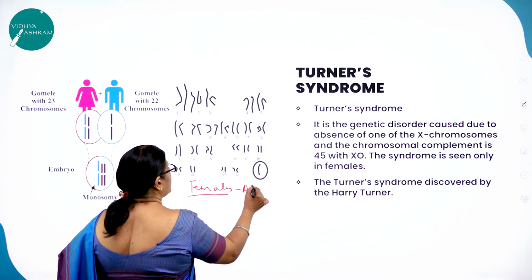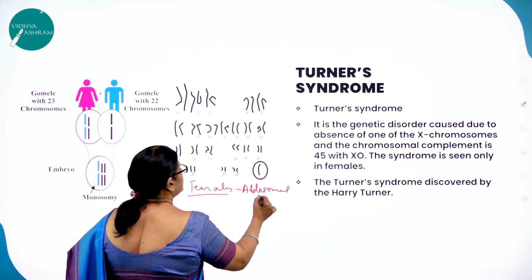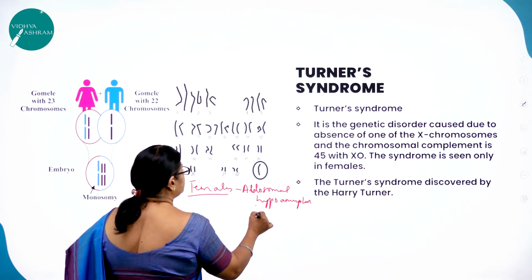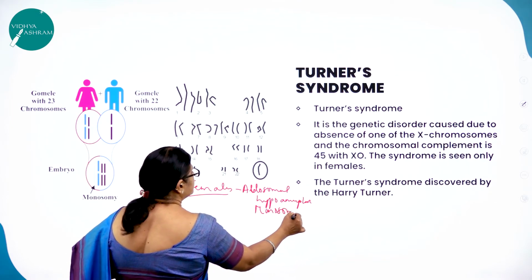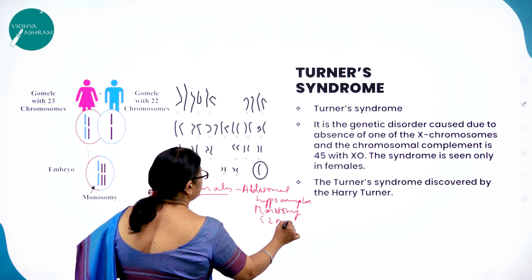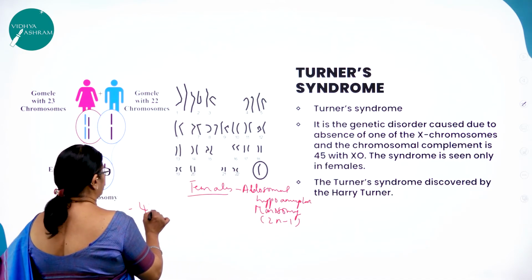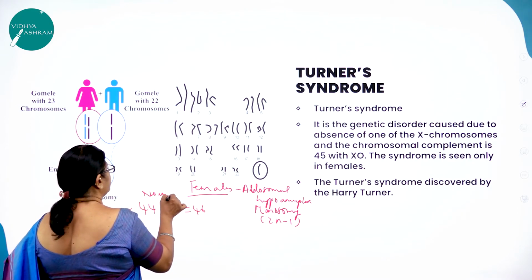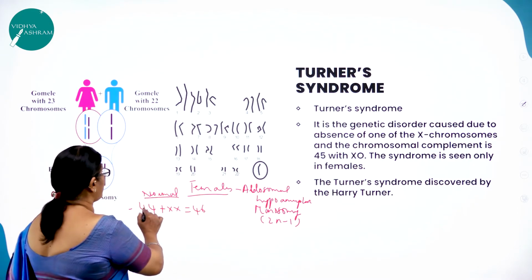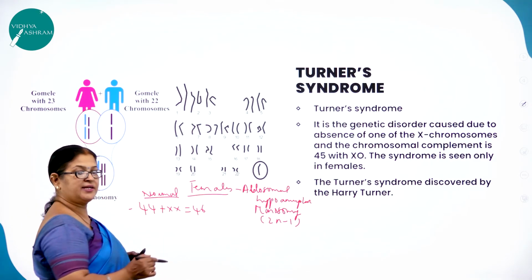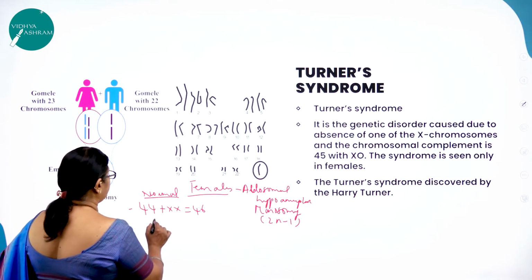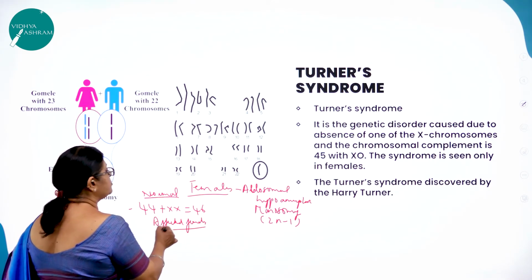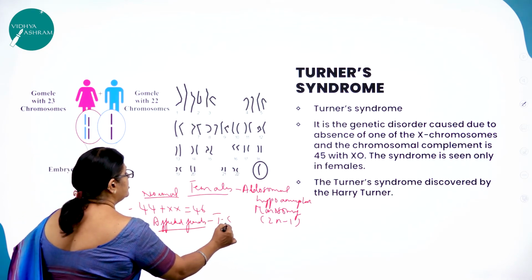It is called allosomal hypoaneuploidy and it is due to monosomy, that is 2n minus 1. So in normal females it is 44 plus XX, that is equal to 46. What will happen in affected females? What do you mean by affected females? Who is having Turner syndrome?